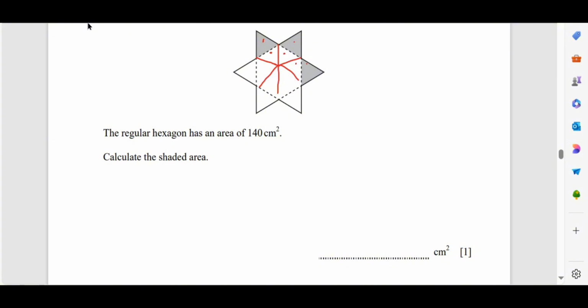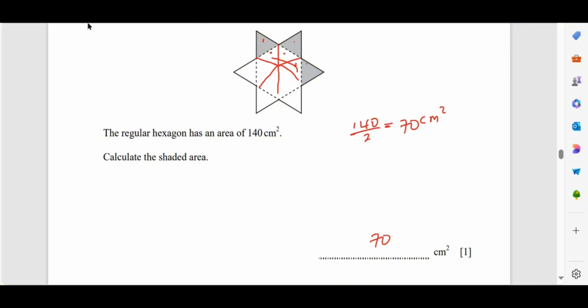So if you divide this 140 by 6, that will give you the area of each. But now you are asked to find the area of A, which is half of the hexagon. So all you need to do is to say 140 over 2. That will give you 70. Okay, so you say 70 cm squared.